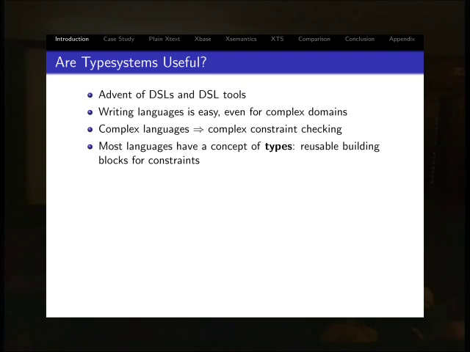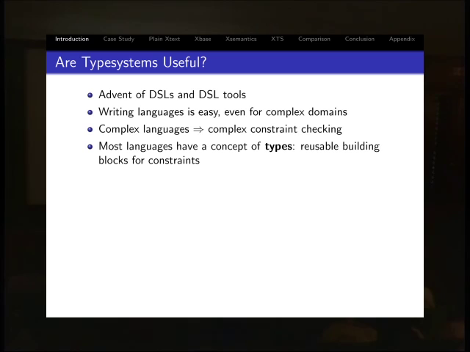Today we're talking about a topic which has become increasingly important for domain-specific languages, DSLs, and will continue to gain attention in the community. What are type systems? Are they useful? There are a lot of DSL tools out there, for example, MPS, Spoofax, Rascal, Essential, Xtext, and many more.